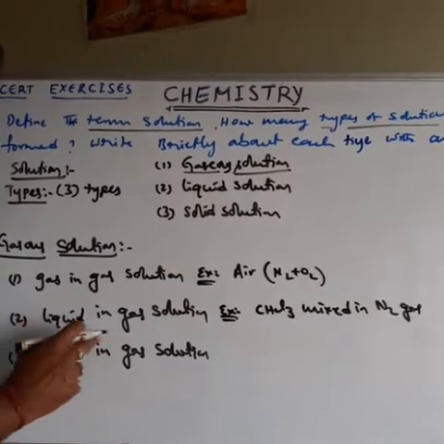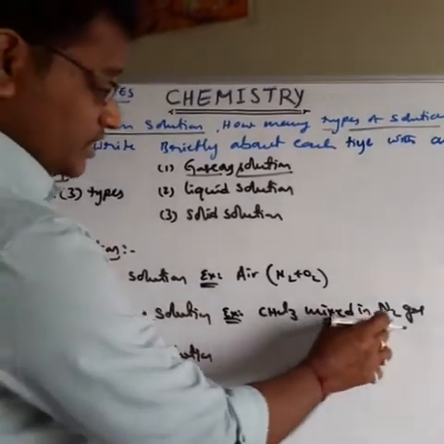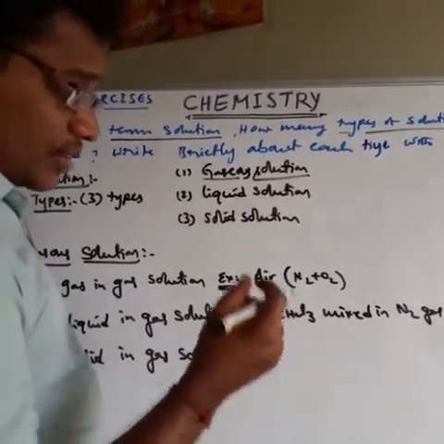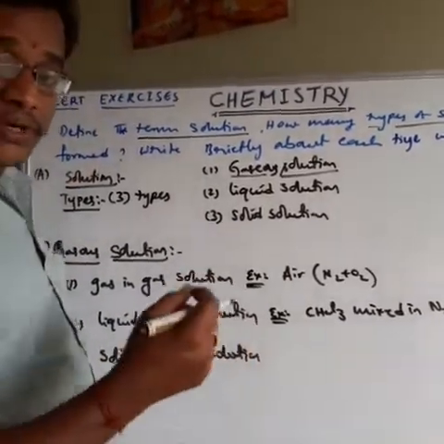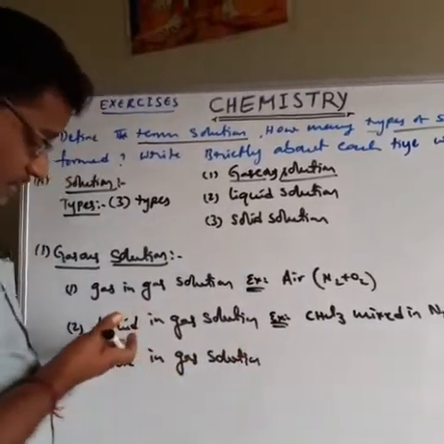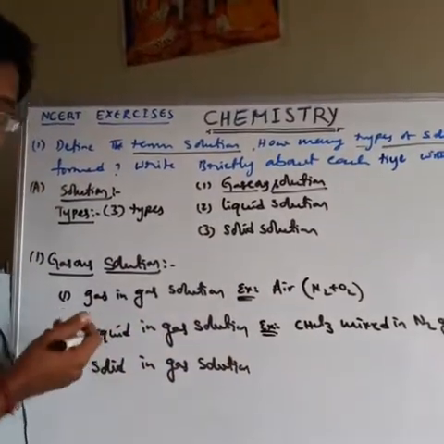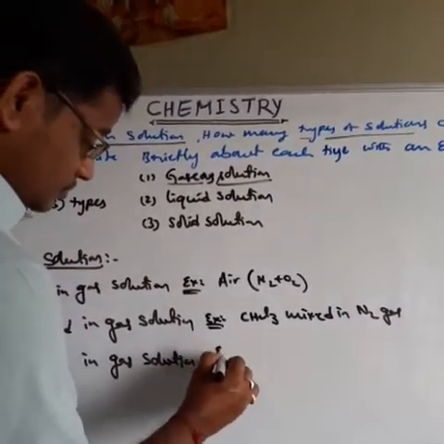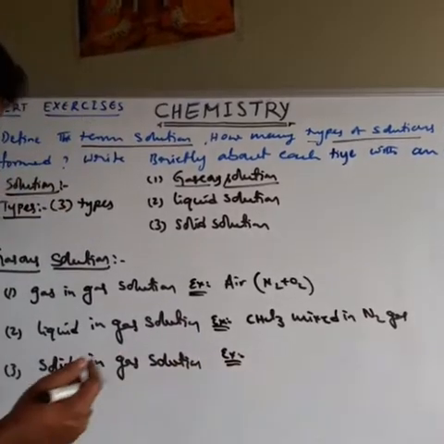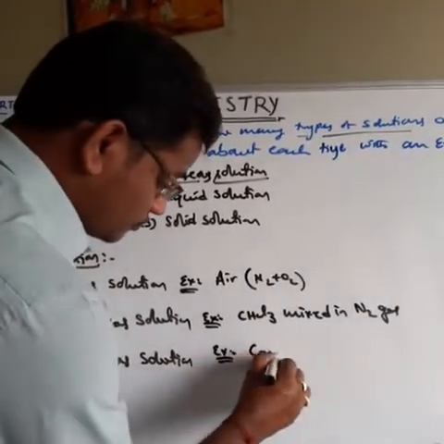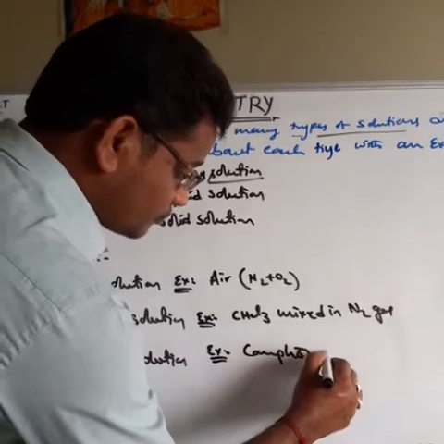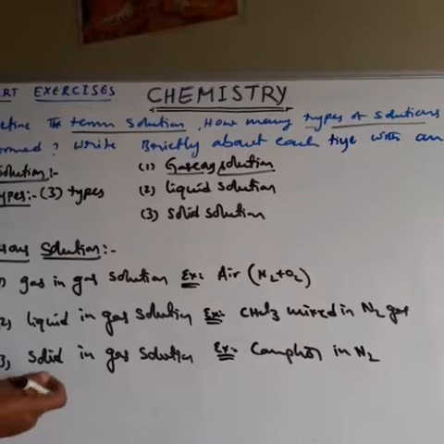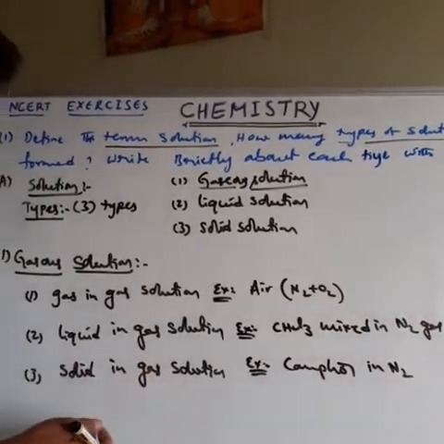Water vapors or humidity present in the air is also an example of liquid in gas solutions. Next, solid in gas type solutions. An example is camphor in nitrogen gas. That is a solid in gas type solution.